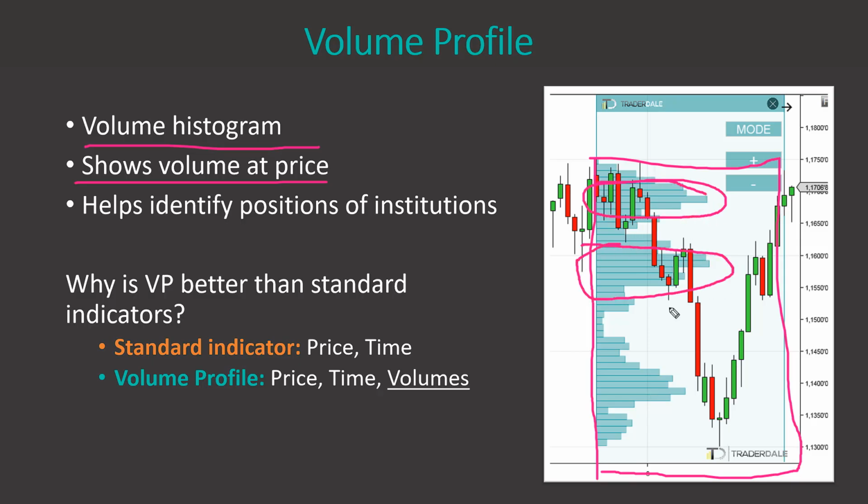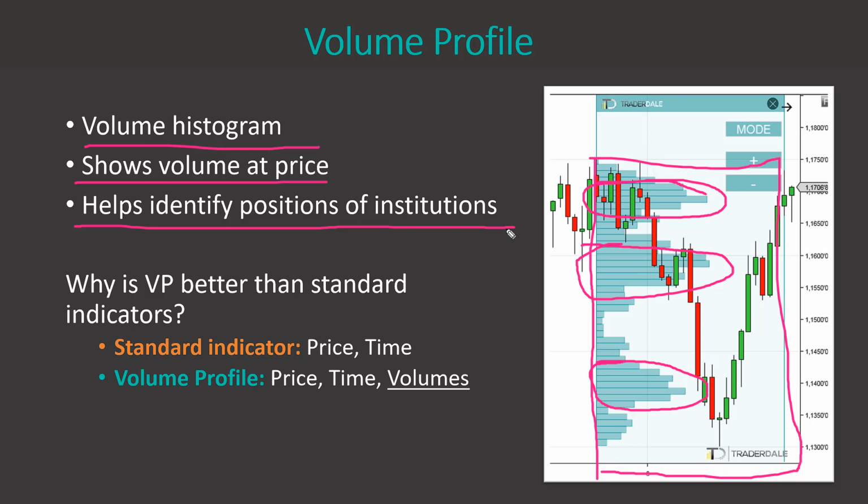Those bumps, those places where the volume profile is wide, mean that heavy volumes were traded there, and those are the most important places in a chart, because heavy volumes are the big trading institutions. The big trading institutions move and manipulate the markets, but they also have a disadvantage, and that disadvantage is that they have insane amounts of capital which they need to allocate in the market before they start to move the markets, before they start to manipulate the market.